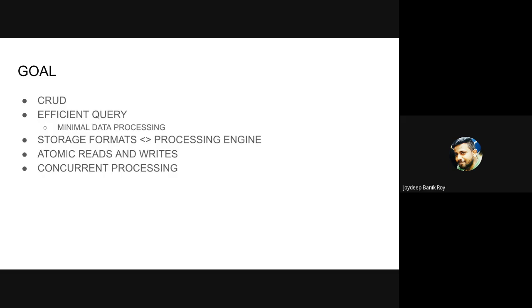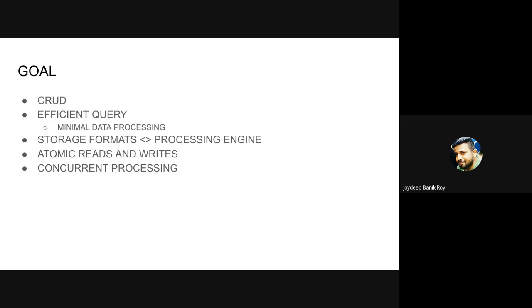So we still wanted that. We never wanted to go into some sort of data store where we would be tied by the dialect and the DSL of that data store and writing queries on top of it. We still wanted the advantage of Spark, the advantage of decoupling the storage formats and the processing engine. And finally, the guarantees. There are two important guarantees: atomic reads and writes.